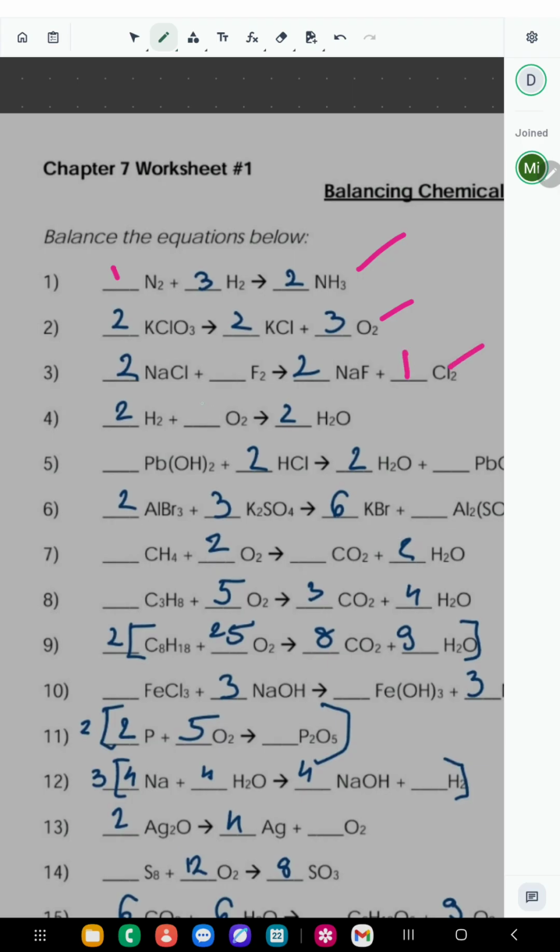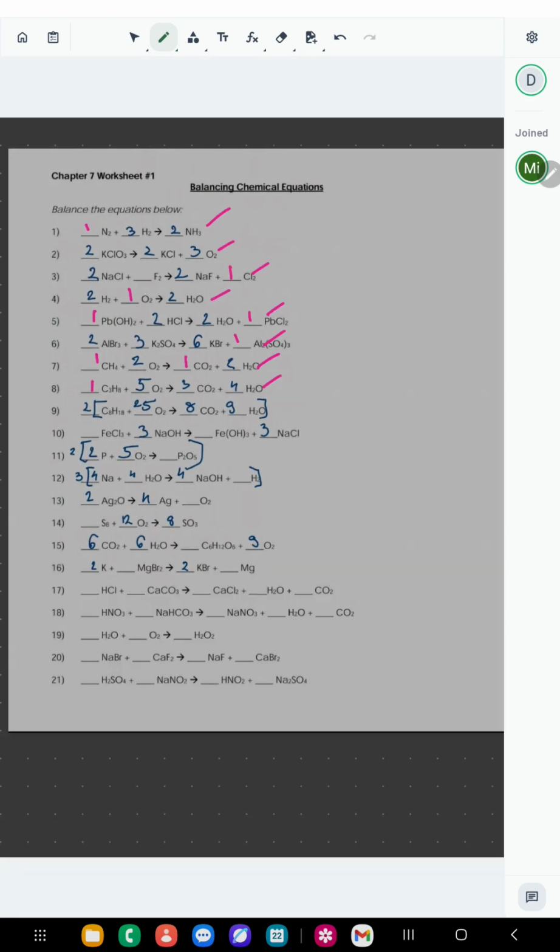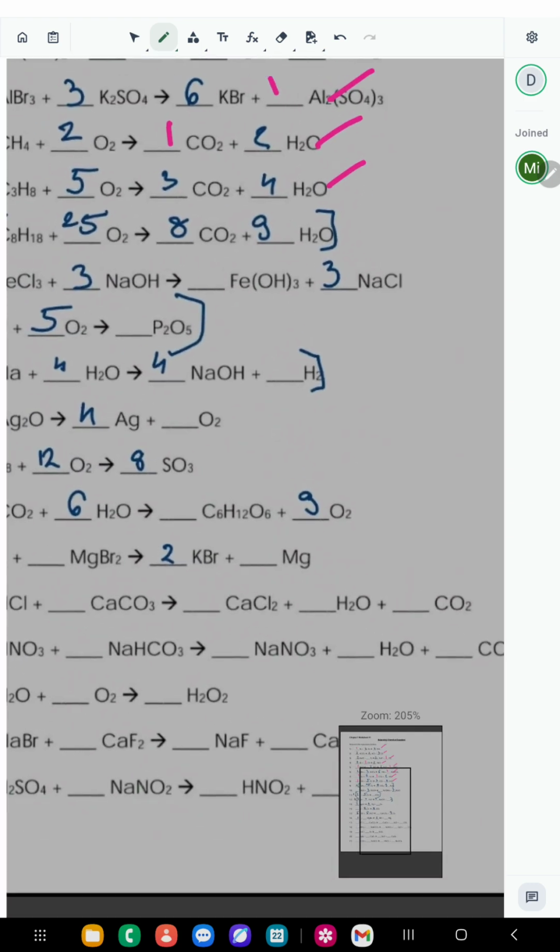And then 2, 1, 2. This one is correct. It should be 1, 2, 2, 1. Okay, this one is correct. Then 2, 3, 6, 1. This is almost correct. 1, everything's correct. 1, 2. And then 5, 3, 4. This one is correct. Let me check the ones without the bracket first.